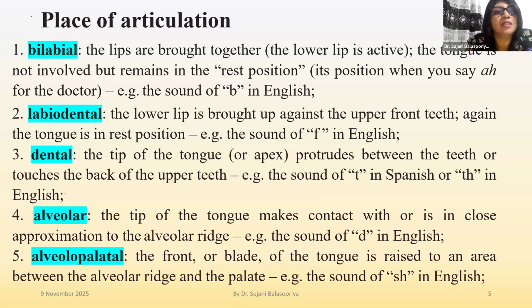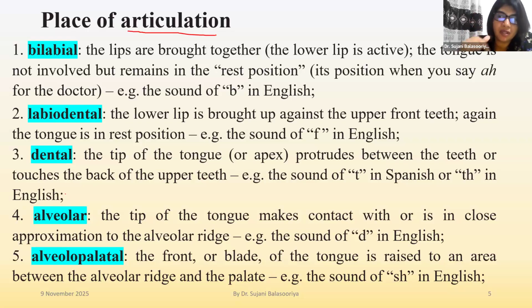Now, what do you mean by this place of articulation? Articulation is production, right? So we can classify all these 22 consonants according to the place of articulation. That means according to where they are produced inside our mouth. Actually, in phonetics, we do not use the word mouth. Mouth means a vocal tract. We have two tracts, no?